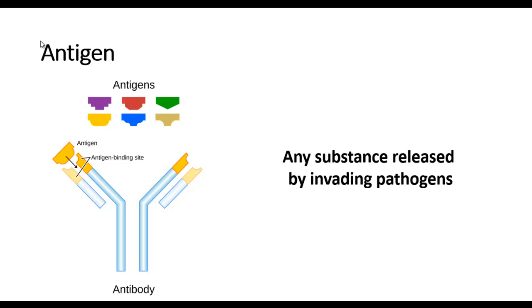So pathogens are the bad guys, they're in the body, they release an antigen. Antigen would otherwise harm the body if it weren't for antibodies. Okay, so antibodies can connect themselves to antigens to fight the infection. This is actually how an infection is fought in the body.